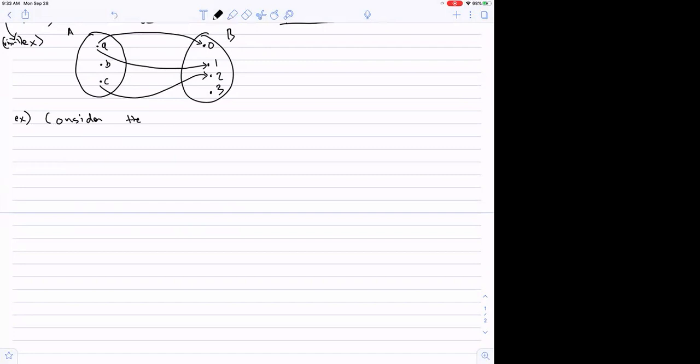Consider the relation less than or equal to on {0, 1, 2}. So what are the elements of this relation? Let me explain what I mean by a relation on {0, 1, 2}. What are the elements of this relation?